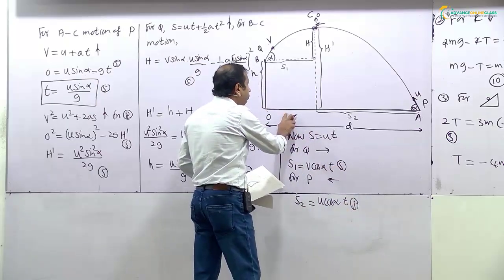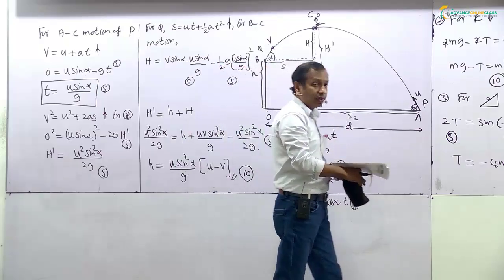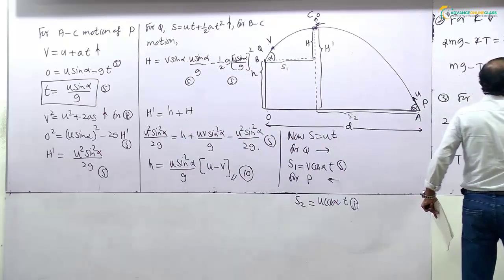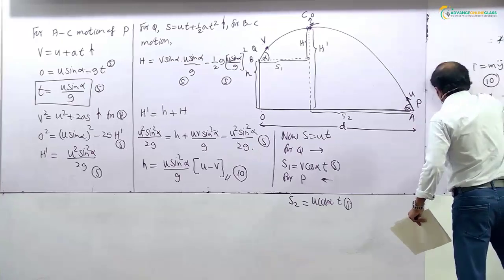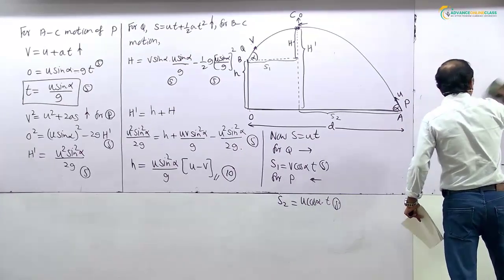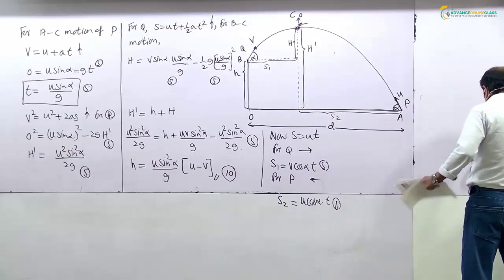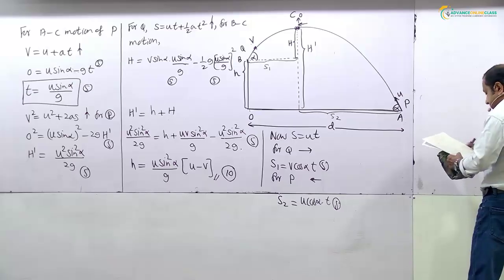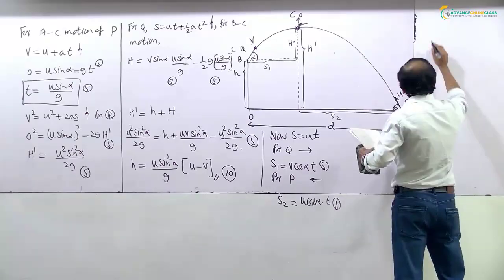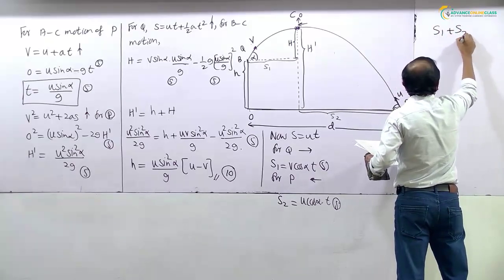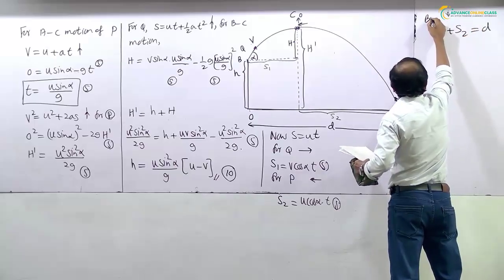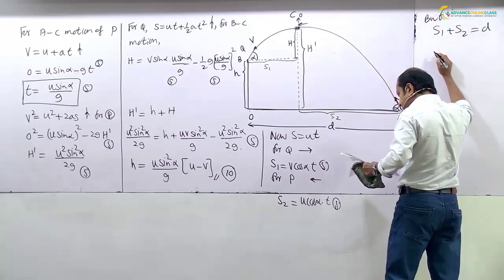But S1, this, and S2, this, sum is D. S1 plus S2 sum is D. Equate that. Sum of S1, S2 to D. S1 plus S2 sum is equal to D. Right.